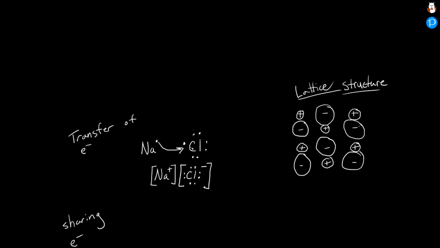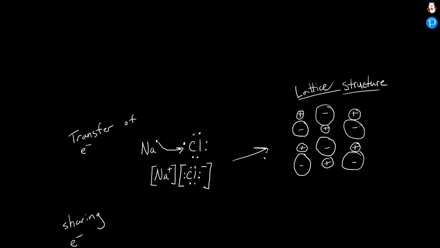Chlorine, because it gains that electron, is going to have an overall negative charge. And that's what bonds those together. That's why they form an ionic bond. We can think of this like two magnets where I've got this positive side, this negative side. Opposites attract, just like two magnets, and so they are stuck together.